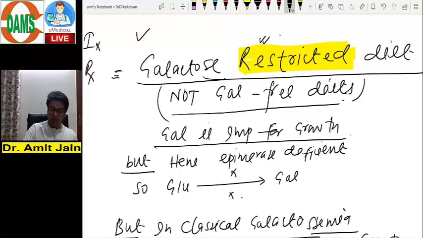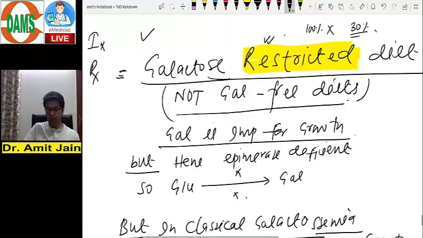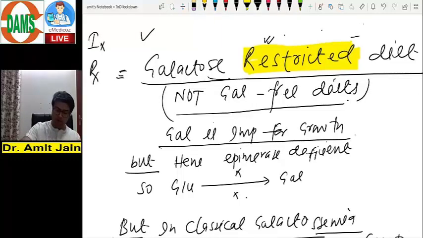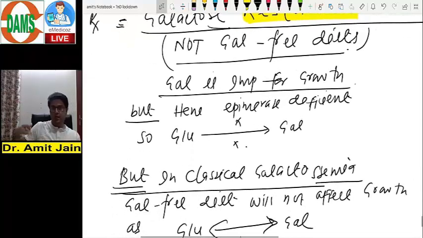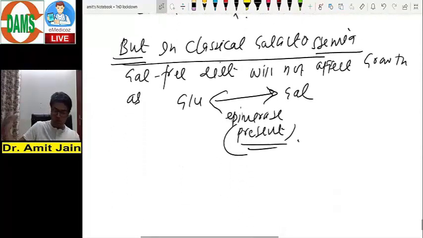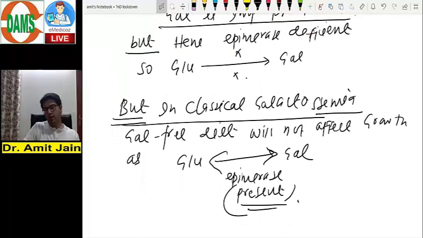Restricted means you are not giving 100%, but at least you are giving, let's say, 30% of the diet as galactose. Restriction means decreased, not the full or normal diet, but a lesser amount of galactose is always given.